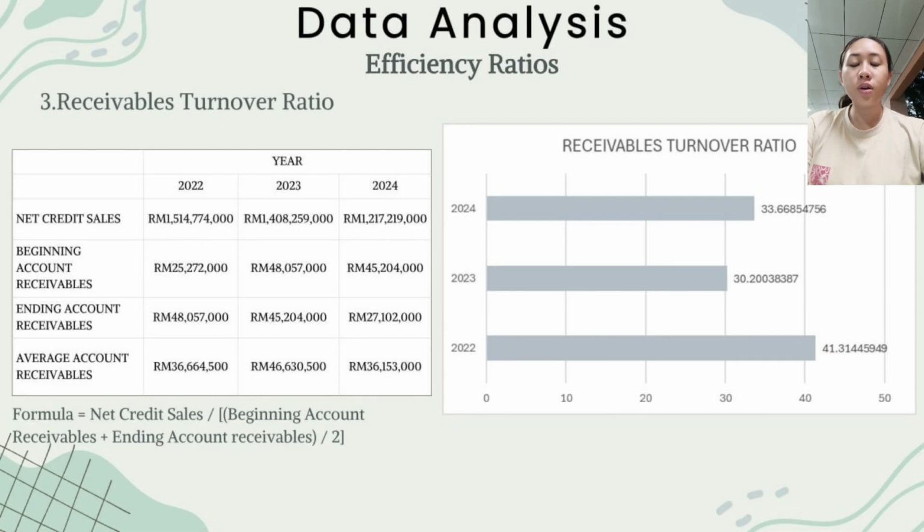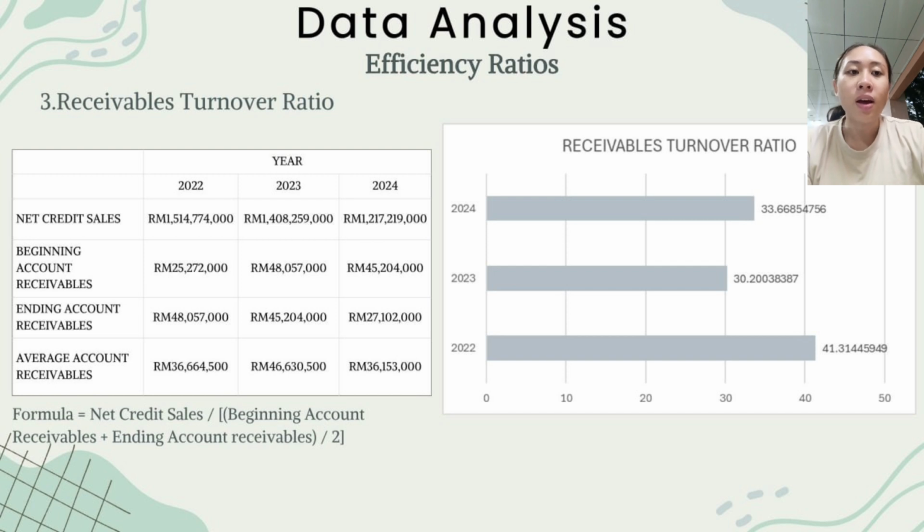The third ratio in efficiency ratio is receivable turnover ratio. The formula to compute this ratio is net credit sales divided by average account receivables. Receivable turnover ratio is used to measure how efficiently the company collects payments from customers.